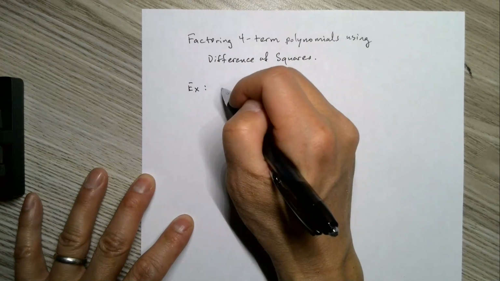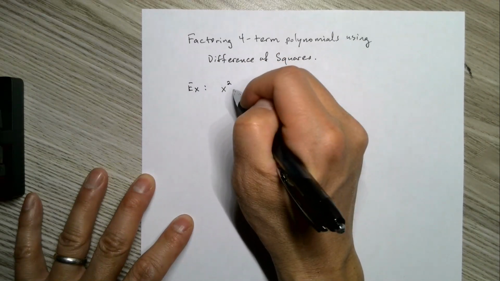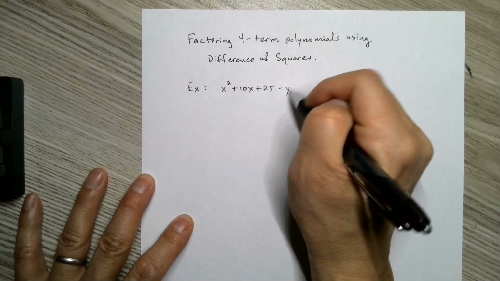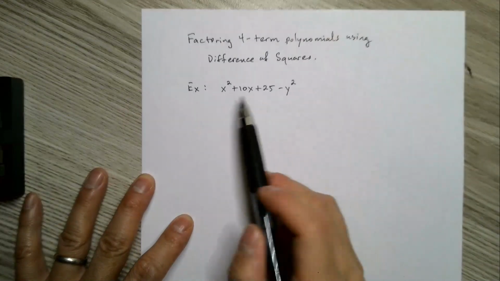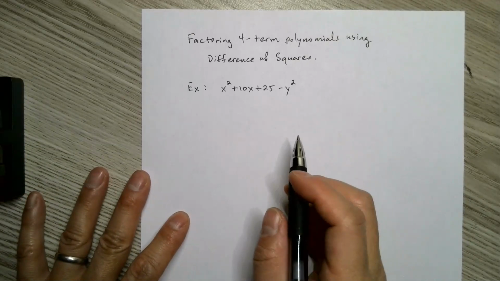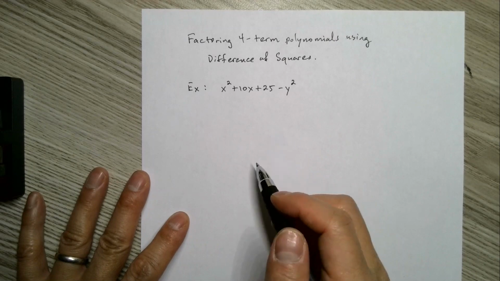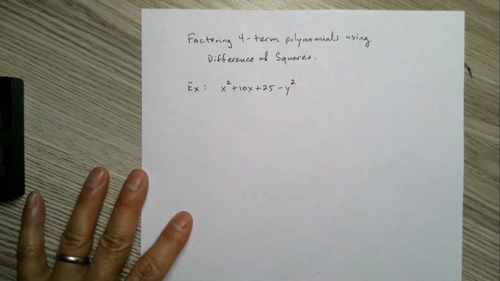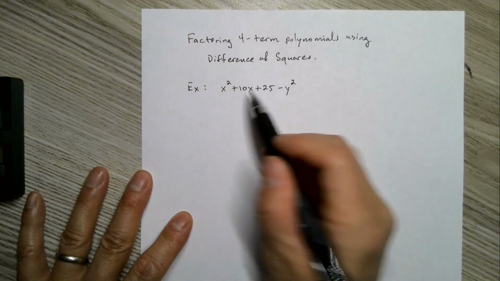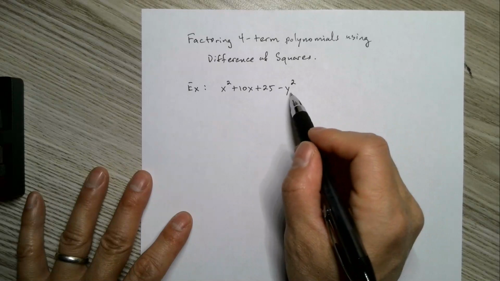So here's the first example. Okay, so we got our 4 terms, and you'll notice there are also 2 different variables in this polynomial, x and y. So in Algebra 1, when you see 4 terms, one of the methods we do is take the GCF out of the first 2 terms, and then we take the GCF out of the third and fourth terms.